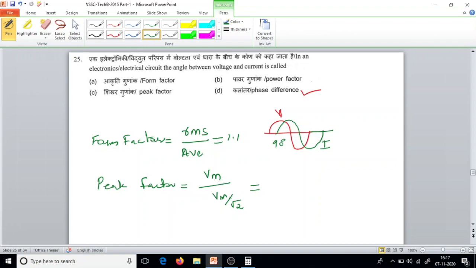So peak factor is the ratio of the peak value to the RMS value. It will come to 1.41. That is the peak factor.